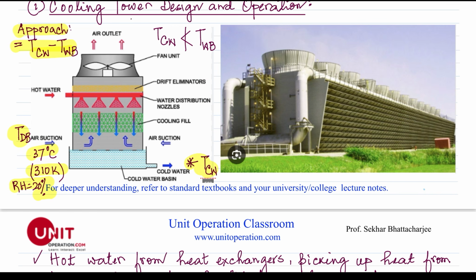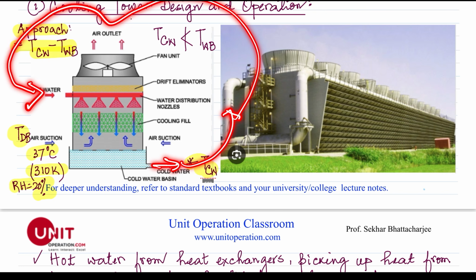As you can see, the hot water is sprinkled from the top. And these are the packings right here inside. And there's, of course, suction of air. And the water falls down, and as I said, as it falls down, there's evaporation, and the rest of the water cools down. So this is a tray where the cold water is collected, and this is then sent back to the process unit again, and this again gets heated up and comes back here.